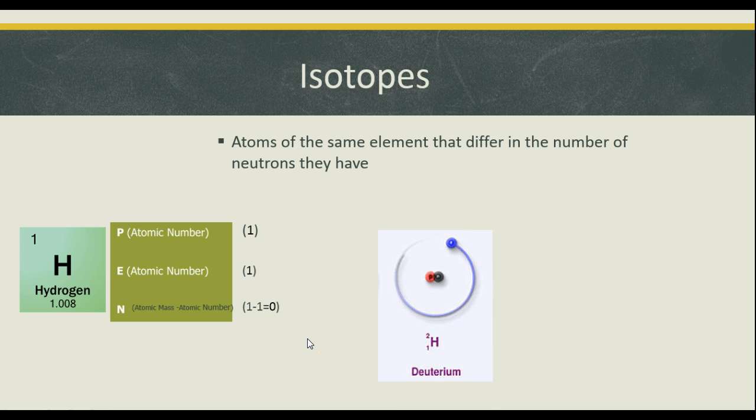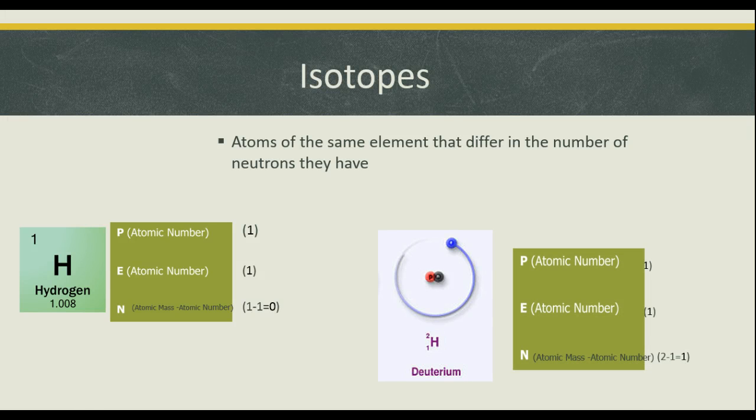When we take hydrogen that has an atomic mass of 2, such as deuterium, we're looking at an atomic number. Remember, it is the smaller number. Depending on what periodic table you look at, the atomic mass might be on top or on bottom. So just remember, the atomic number is always the smaller number.